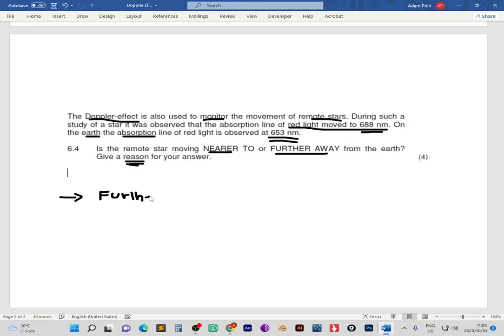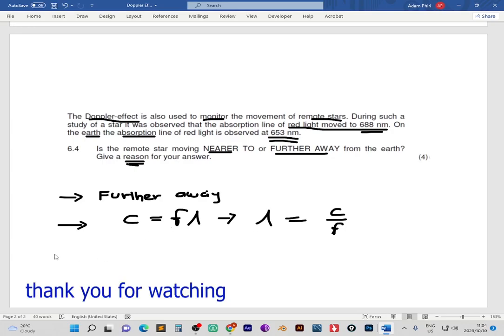So we're going to look at what is the equivalent in terms of the frequency. You know that we have a constant, which is frequency multiplied by wavelength, and then wavelength is equal to the constant divided by frequency, and that means frequency is going to be the constant divided by wavelength.